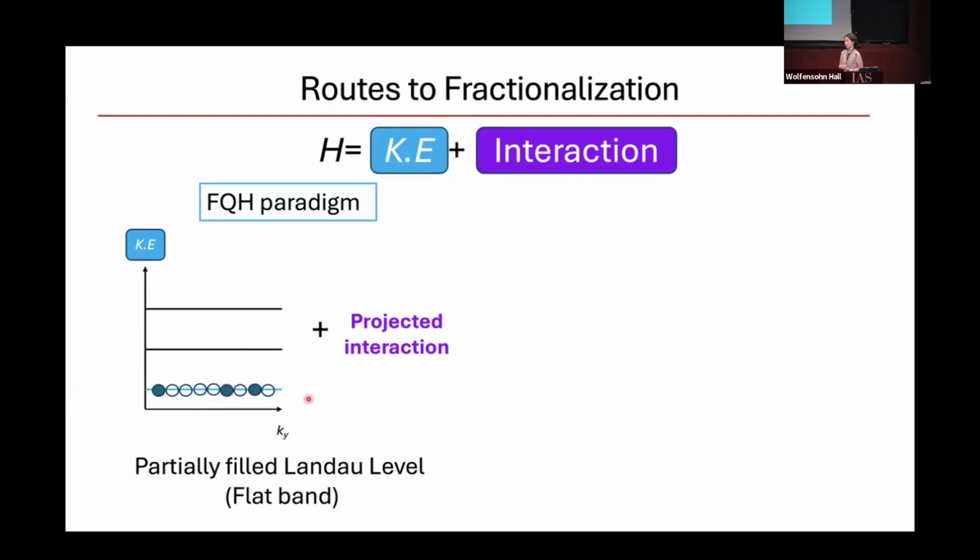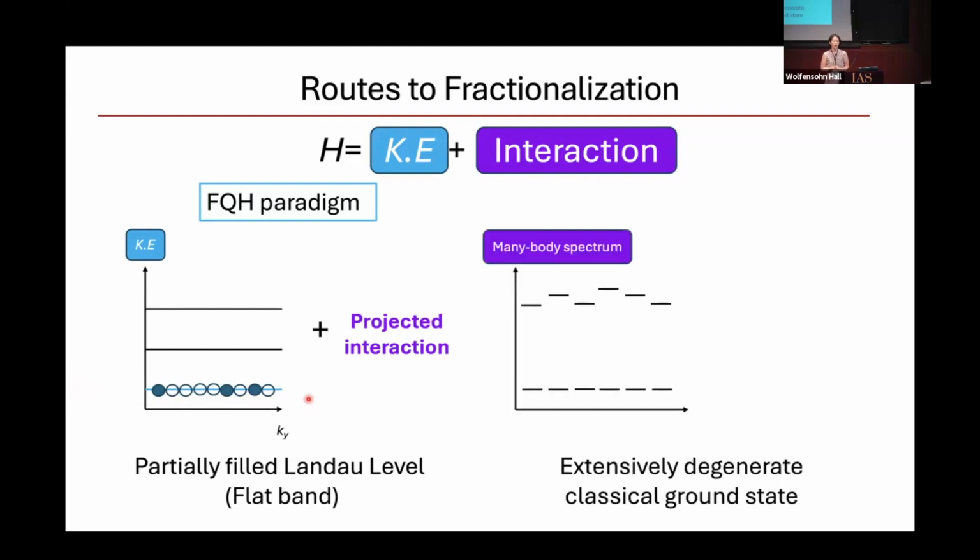But you can also ask, can I flip this narrative? Can I think about a degenerate state, an extensive degenerate ground state, starting from strong interaction? That would be a strong coupling limit or a classical limit. And you can have a situation where you have this very degenerate many-body spectrum. Now, this is not your first quantum mechanics exercise.